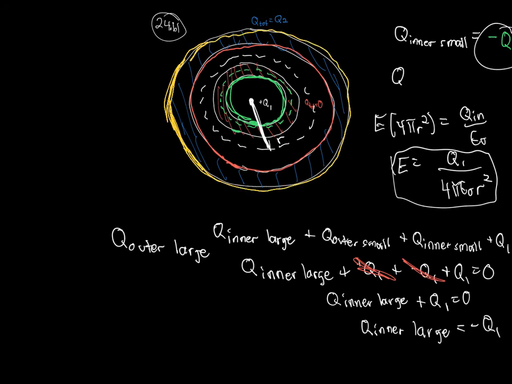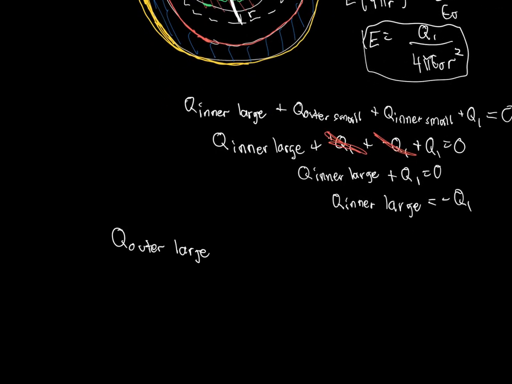What's Q right there? So to figure out what that is, I need to know what's going on the outer shell. I know the total charge that has to be on the outer shell. I was given that at the very, very beginning. Q on the outer shell has to be equal to Q2.